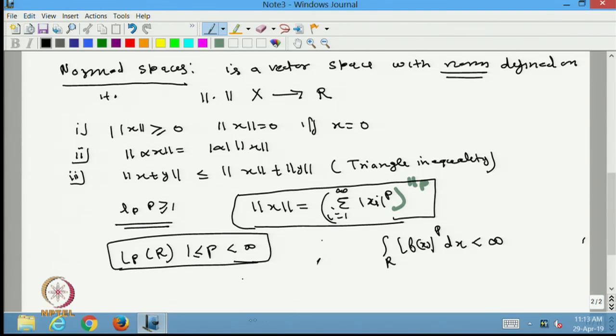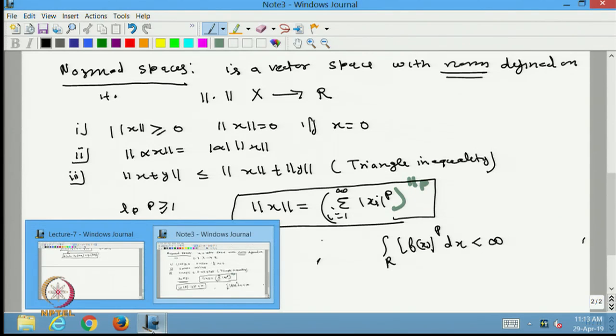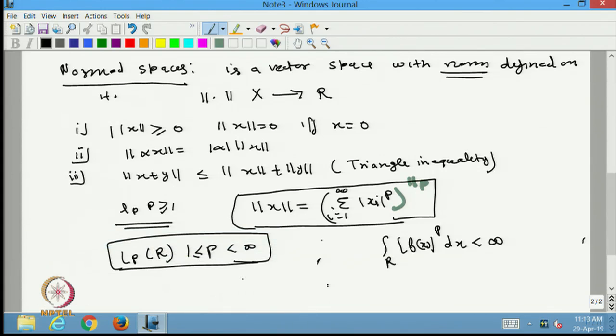This is called the LP(R) space. This is a vector space, and if I want to make it a normed space, I have to define a norm on it. So the norm on this vector space is defined by this.